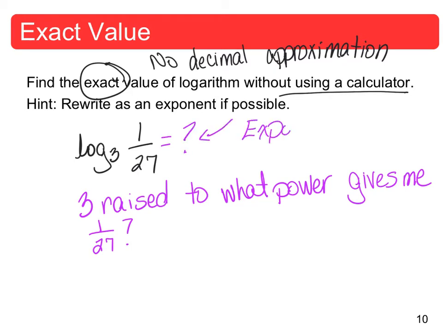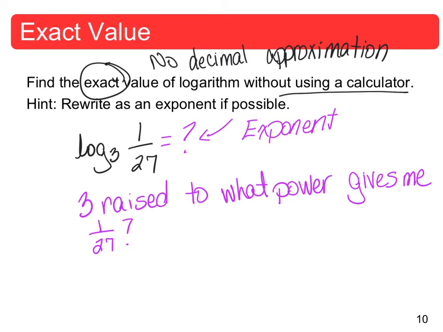Now, we may have to think about this a little bit more, because we've got the number in the denominator. 1 over 27 is actually a pretty small number. Because we've got that 27 in the denominator, we're probably looking at a negative exponent.